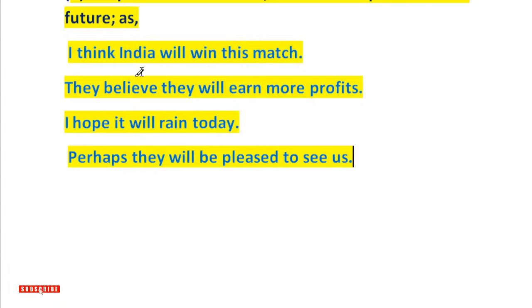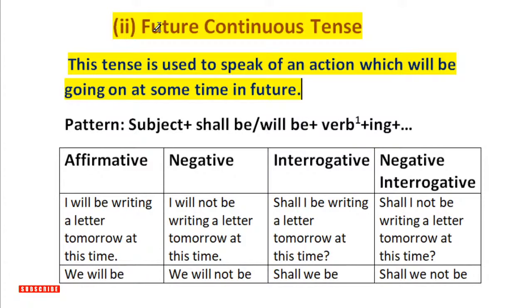Next, after this, we have future continuous tense. It is also very important. Let us read future continuous tense. So, what is future continuous tense? This tense is used to speak of an action which will be going on at some point of time. So, when the action is going on at some point of time in future, it is said to be in future continuous tense.